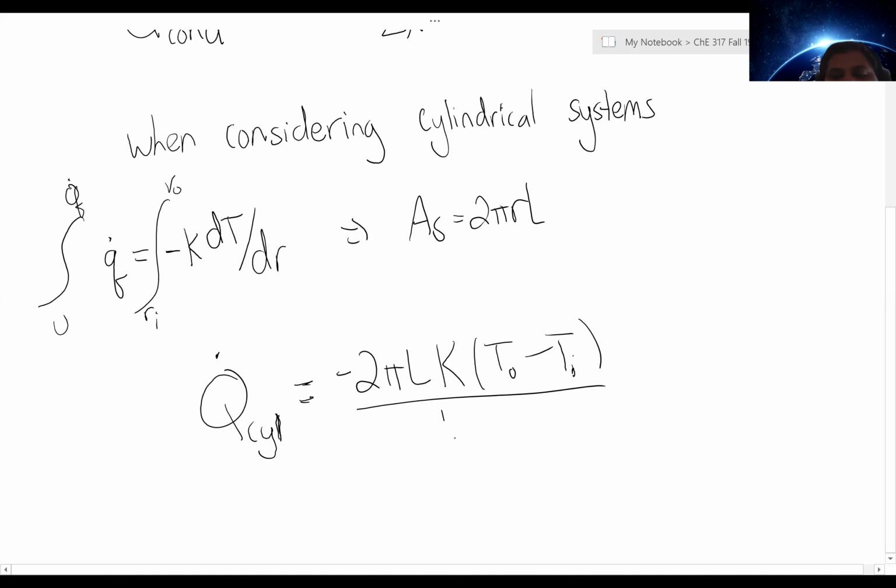But since we're looking at the radial direction, instead of a thickness we look at the natural log comparison of the inner and outer radius.